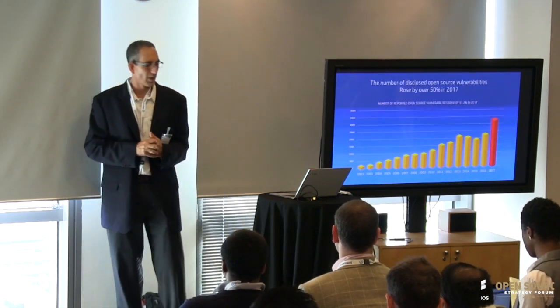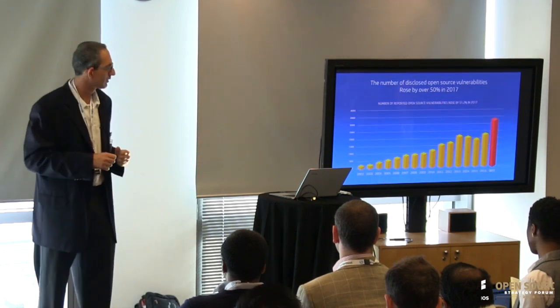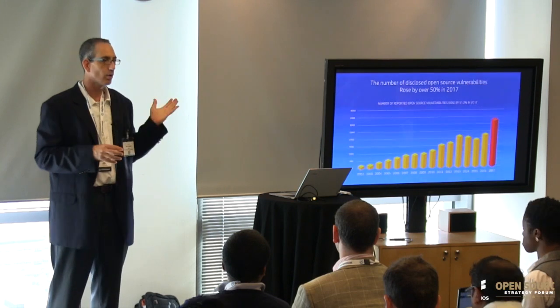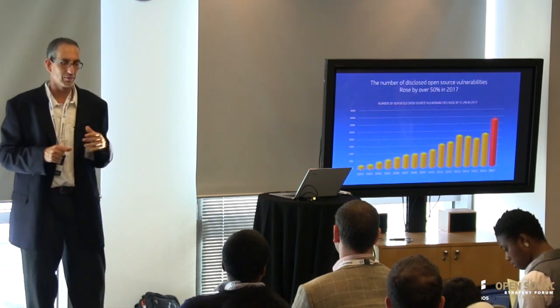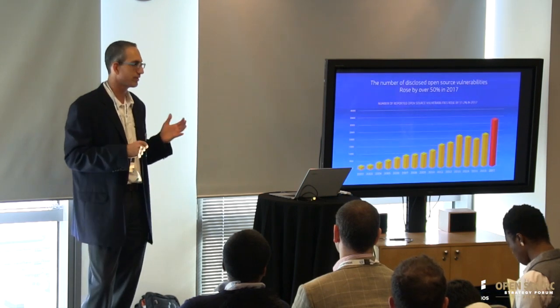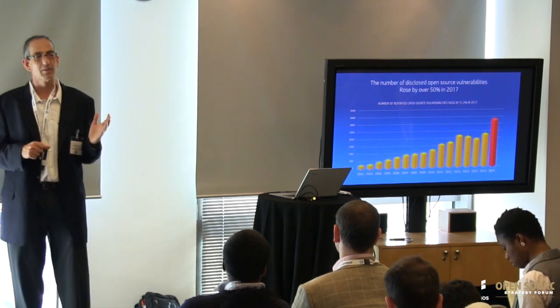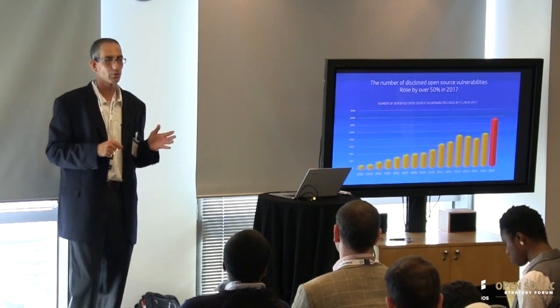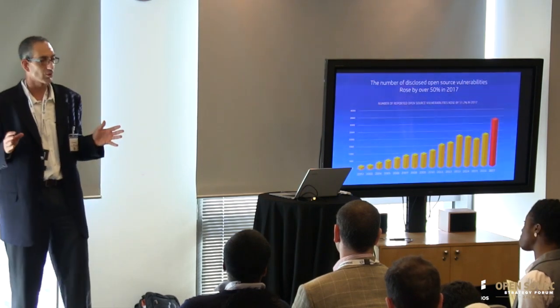So I have another graph that shows the exponential use of open source. We were at an adoption rate of 5 to 10% 20 years ago, and then 40 to 50% 10 years ago. Analysts talk today about 80 to 90% of every piece of software being comprised of open source code.